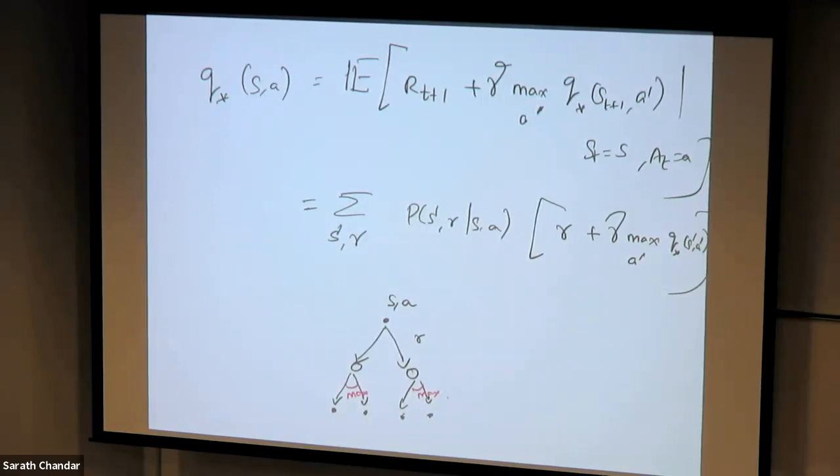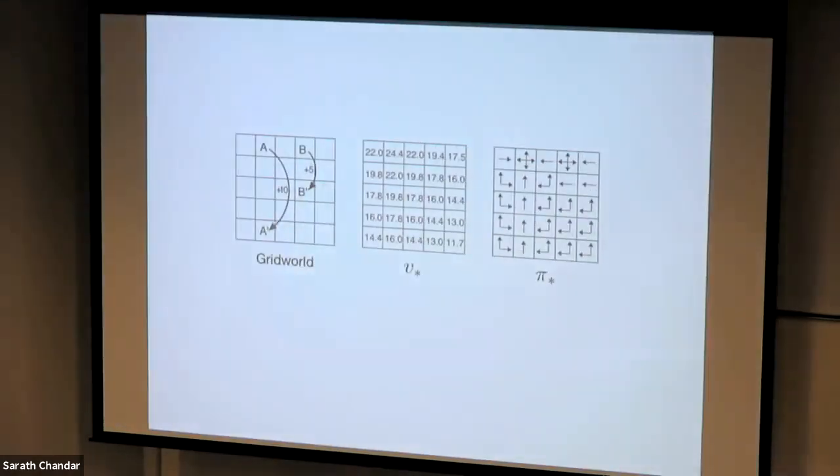Now let's go back to our grid world example. This is the solution for the Bellman optimality equation, which means this is the optimal value function for this particular task. How do we construct policies from value functions? So far we were assuming that given a policy, we construct a value function. Now we are going to see the other way around.